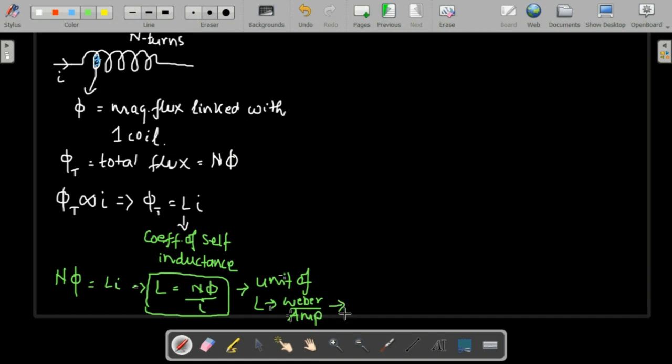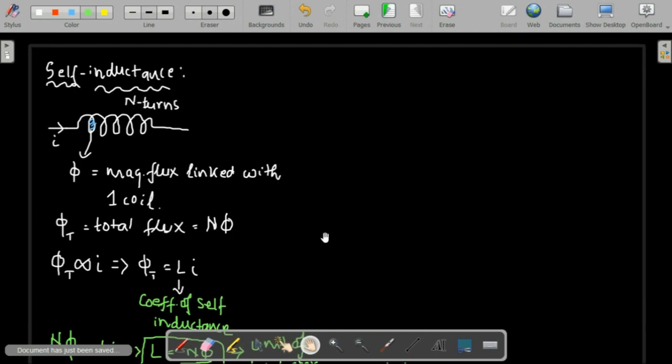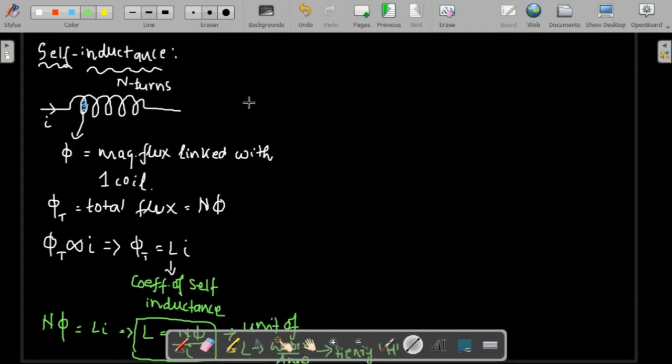It's also called Henry. So magnetic field unit is Tesla. Flux unit is Tesla meter square, which is nothing but Weber. Self inductance is Weber per ampere. That means Henry. So these units do confuse us, but we have to remember those units. They're very important.